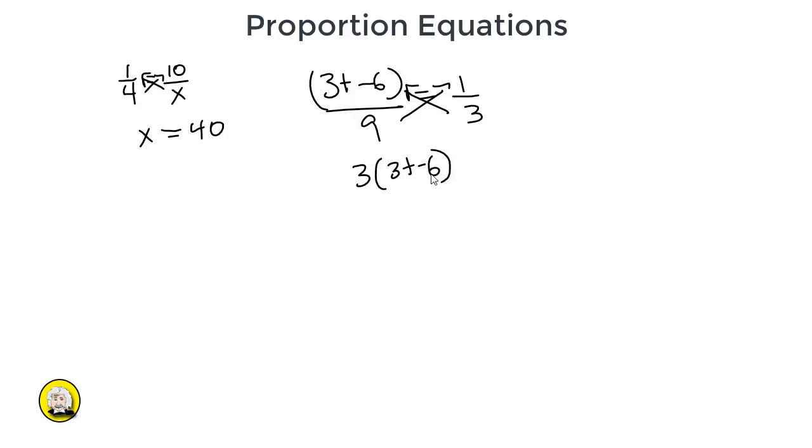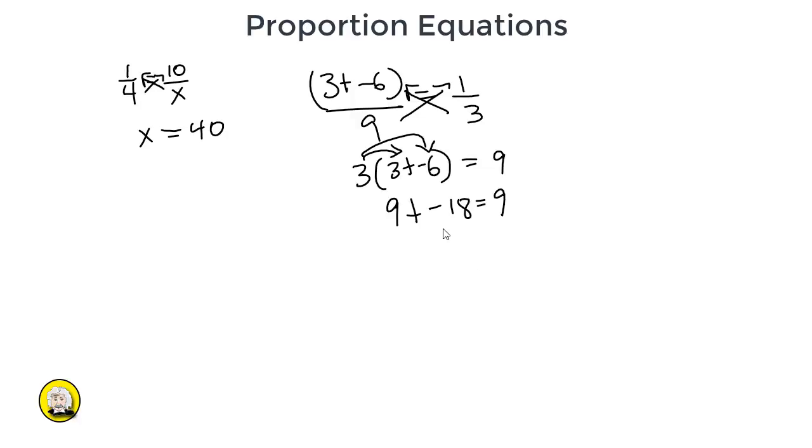You have to multiply by every term within the parentheses, or the whole numerator in this case. And then 9 times 1 is just 9. So now I have to go through the process of multiplying out and expanding my expression with the parentheses to get rid of the parentheses. So 3 times 3t is 9t. 3 times minus 6 is minus 18, and that equals 9.